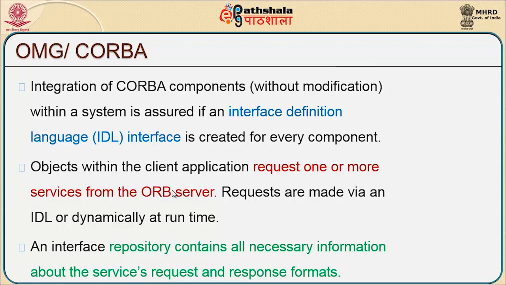Requests are made via an interface definition language or dynamically at runtime. So it can be made directly with an IDL or through runtime. An interface repository contains all necessary information about the service request and response formats. So this interface will have all the information related to the services and their requests, and it can again have the response in the required formats.